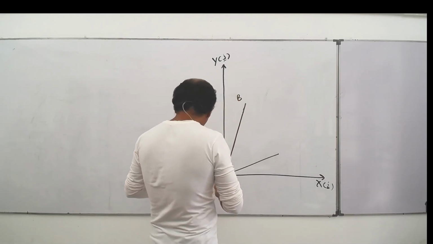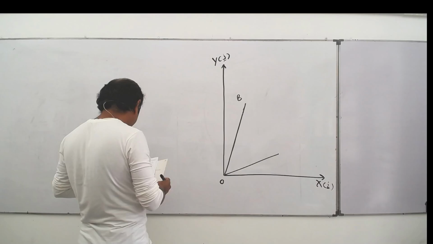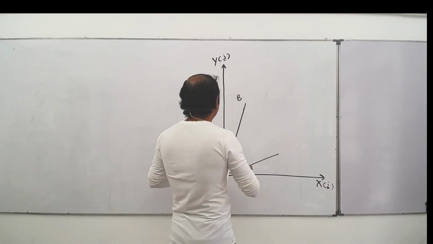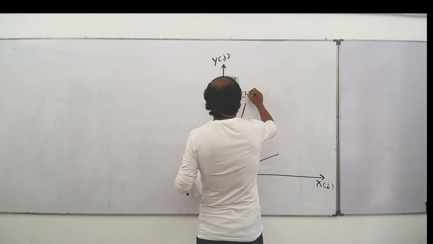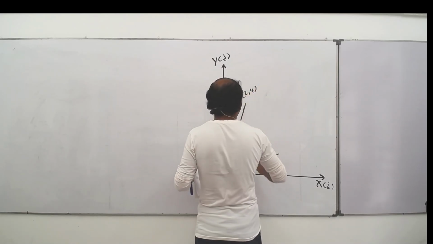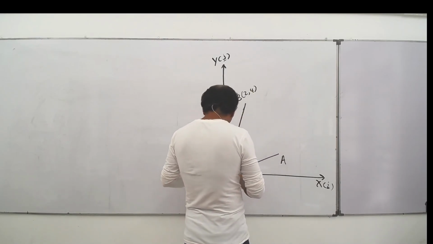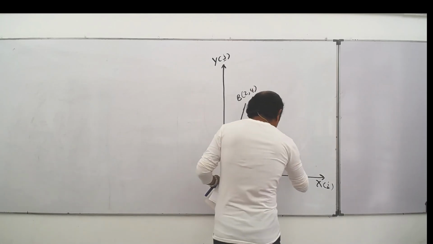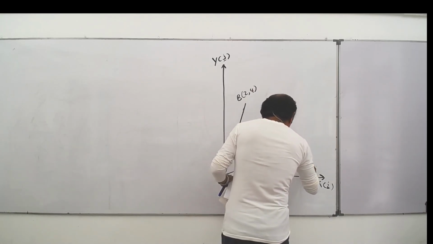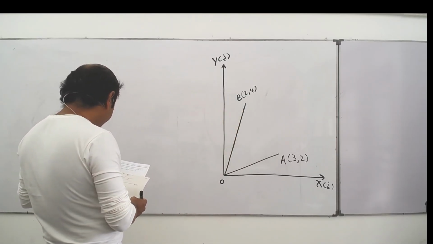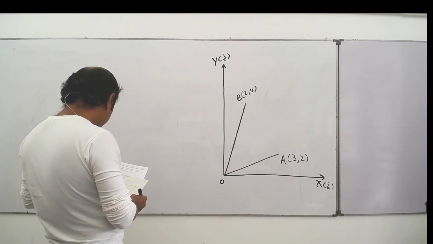B has the position vector 2i plus 4j. So here the coordinates are 2, 4, no? Position vector of A is given as 3i plus 2j, coordinates 3, 2, right? Okay. I'm asked to show O, A, B not collinear.